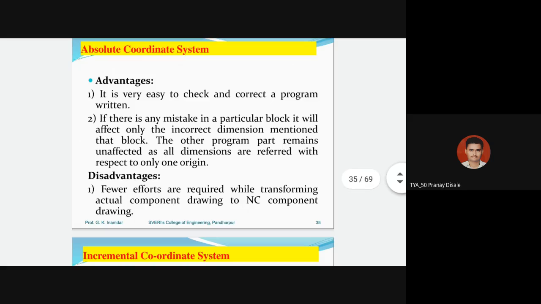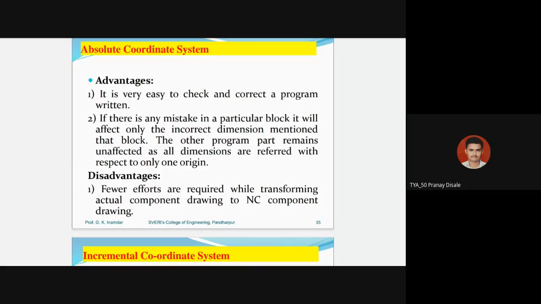Now the second advantage is if there is any mistake in a particular block, it will affect only the incorrect dimension mentioned in that block. The other program part remains unaffected as all dimensions are referred with respect to only one origin. Whenever a failure occurs, we can change the program very simply, because our reference point is only origin.